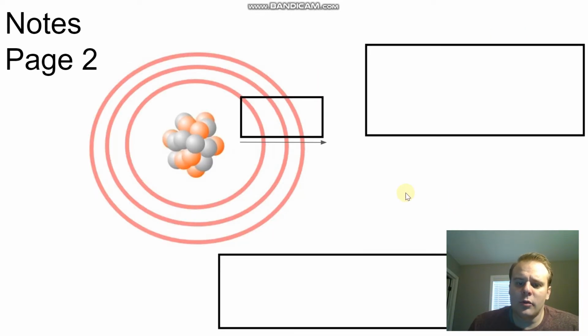For page 2, when we're looking at the orbitals here, what I want you to know is that they increase in energy as you move further away from the nucleus. So what does that mean? That means that the electrons in the outermost orbitals are moving faster and thus have more energy. So the electrons on the inside orbital are moving slower, and the electrons on the outside orbital are moving faster.